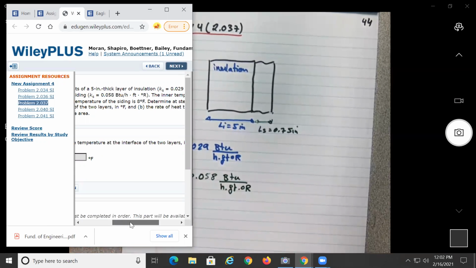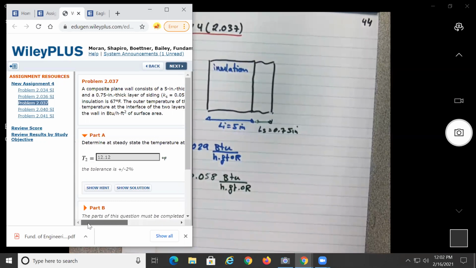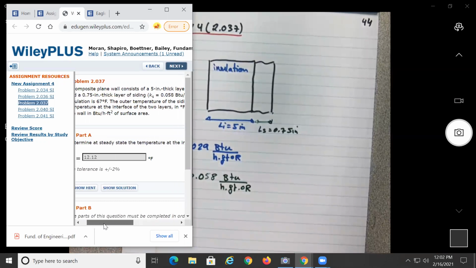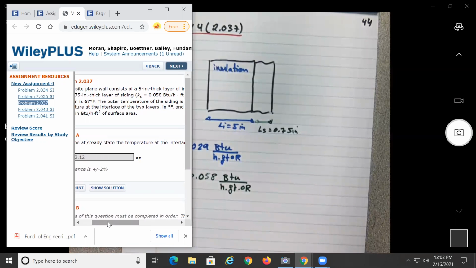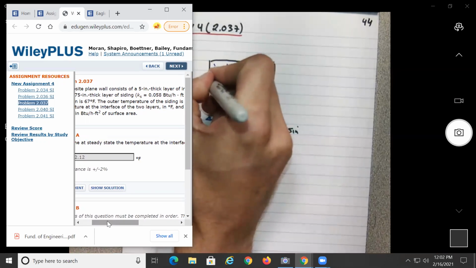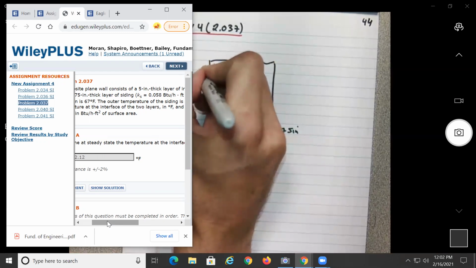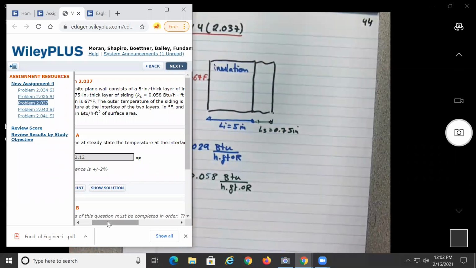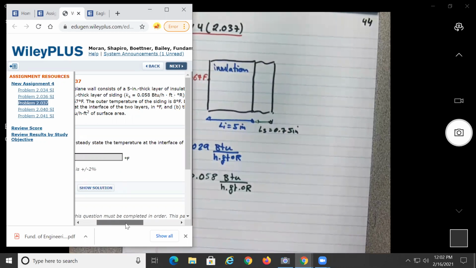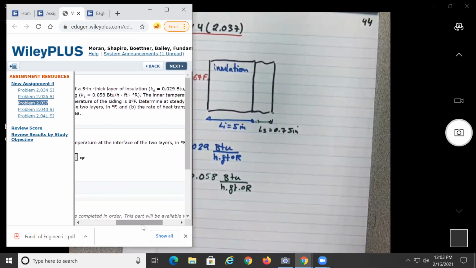All right, so let's see. The inner temperature of the insulation is 67 degrees Fahrenheit. So let's say this should be, I put it in red. I have no idea if it's going to be hotter or cooler. So 67 degrees Fahrenheit. The outer temperature of the siding is 8 degrees Fahrenheit.